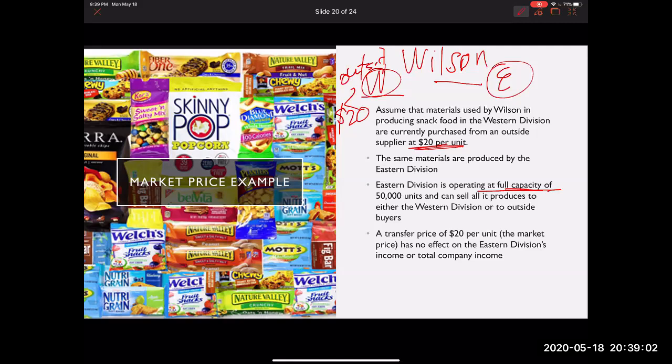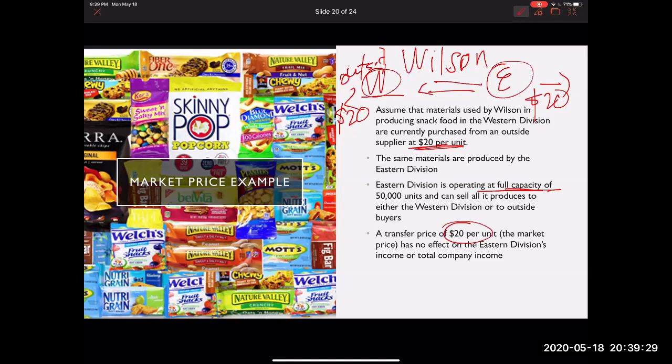It says a transfer price of $20 per unit. The market price has no effect on Eastern Division income or their total company income. What they're saying is, whether Eastern Division sells it to Western or to someone else, they still get $20. It makes no difference to them. For Western Division, it doesn't really make a difference either.